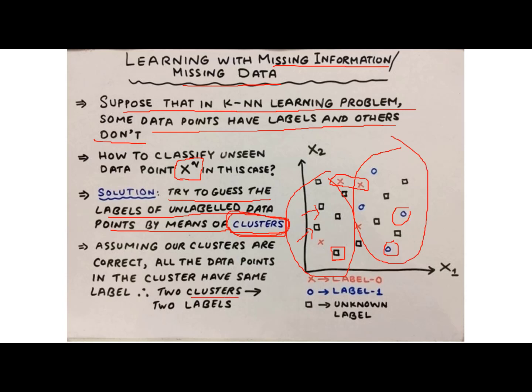So if we construct 2 clusters, assuming that we can only have data points with label 0 or label 1, then we go with 2 clusters. And once we have formed those clusters, assuming that those clusters are correct, then all the data points in any cluster will have the same label.